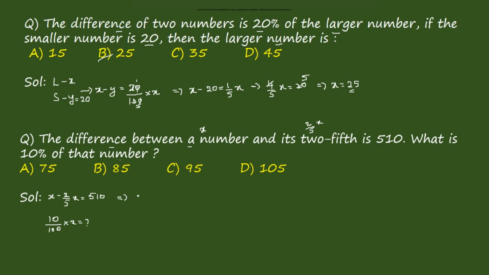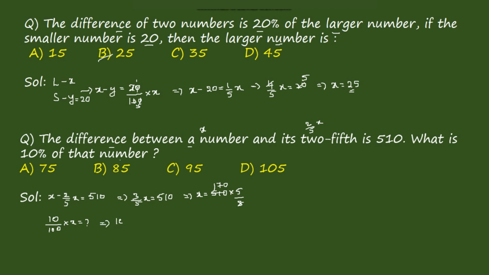From here we can say that 3 by 5 x is equal to 510. Then we get the value of x is equal to 510 into 5 by 3. Once it goes by 3, we get 170, right? We got a value of x. So let's substitute the value here.